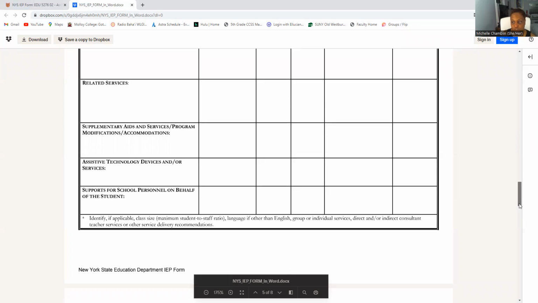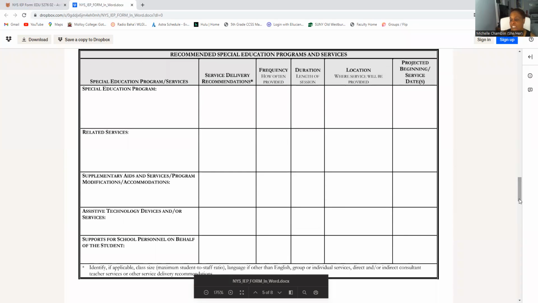For example, there's a teacher consultant that can consult the teacher, but there are also times when that person may work with the student. So we need to be clear on the recommendations here so that we agree on exactly what's supposed to happen.